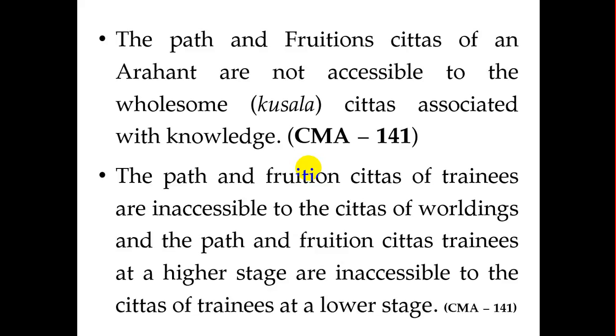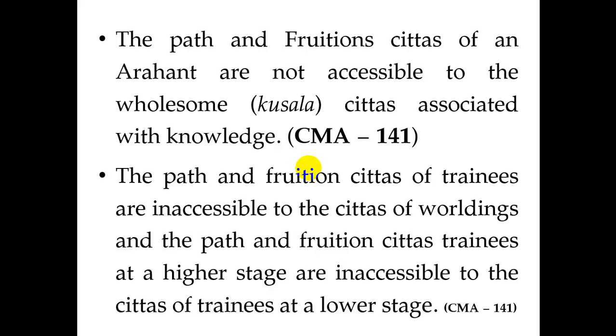And also here, the path and fruition Cettas of trainees at a higher stage are inaccessible to the Cetta of trainees at a lower stage. The mind of a Sotapanna cannot take the object of Sakadagami Magga and Phala, or Anagami Magga and Phala, right? Also, the Cetta of a Sakadagami cannot take the object of Anagami Magga and Phala, because they haven't attained yet.